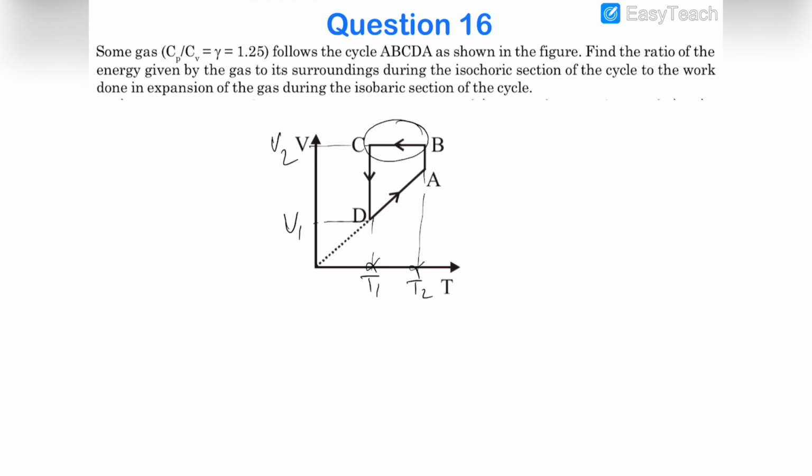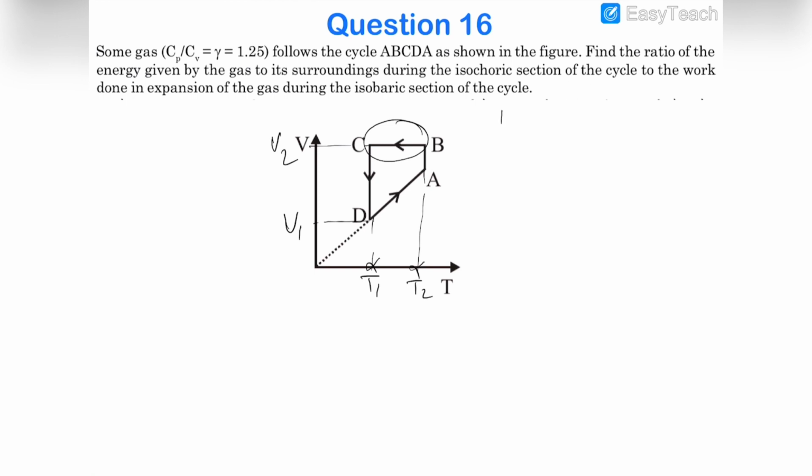So in this isochoric process, you can see temperature is decreasing, and volume is constant, and therefore pressure would decrease. So we have to find out the energy extracted. So work done will be 0 in this process.